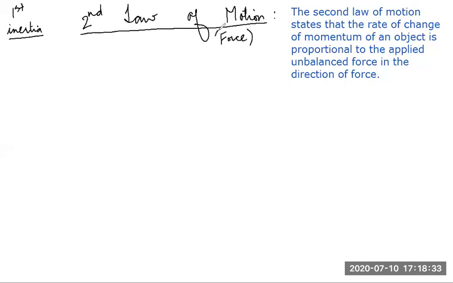In fact, for a long time, it was understood what is force in terms of just push or pull. But mankind and the people knowing science could not define force till second law of motion was stated.